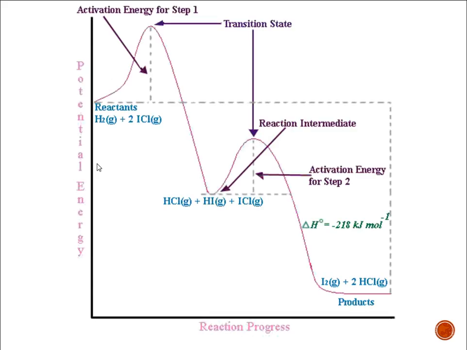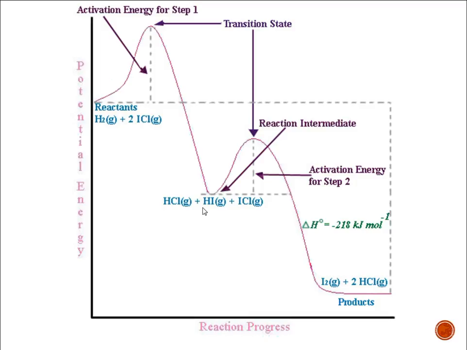So this is an example of a reaction that takes place in multiple steps, where the overall reaction begins with hydrogen and iodine monochloride, ending with iodine gas and hydrochloric acid. So what we see happen, though, is we see an energy required to build the activated complex that then results in making an intermediate set of products, which then must be activated again and then form your final set of products.